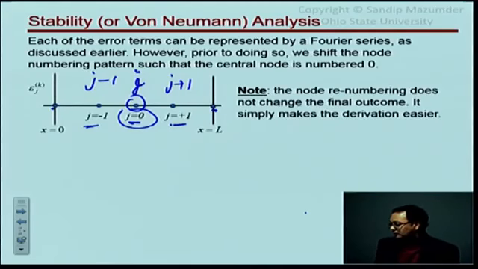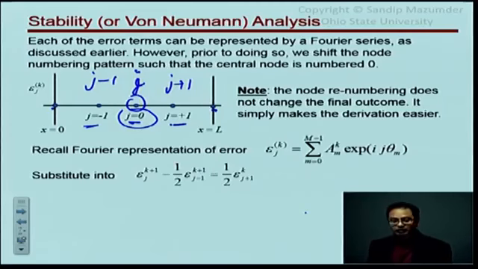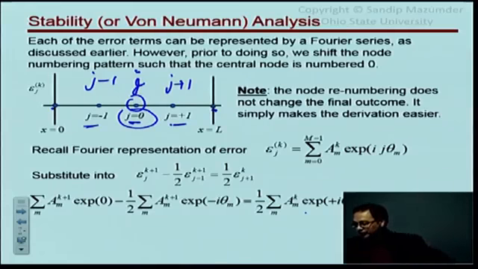So now we are going to take the Fourier series and plug it into our iteration equation. When we do that, this is what we get. Notice that this one has j at k plus 1, so instead of j, I'm going to use j equal to 0. That gives me e to the power 0, and the amplitude will have a superscript k plus 1, because this is epsilon at k plus 1.